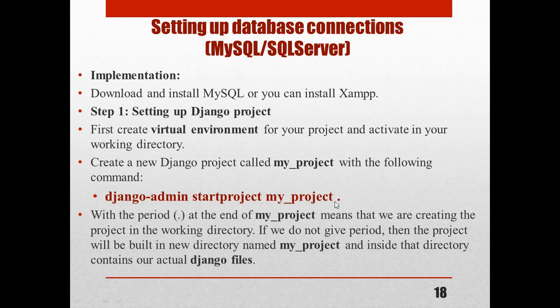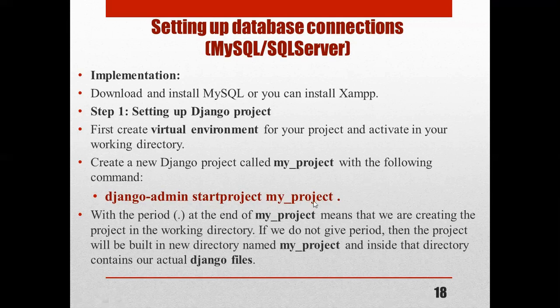The project name is myproject, and the dot at the end means that we are creating the project in the working directory. If you do not give that period, the project will be built in a new directory named myproject.